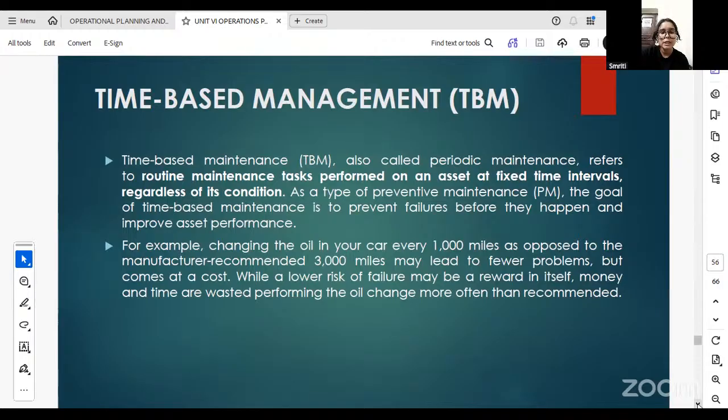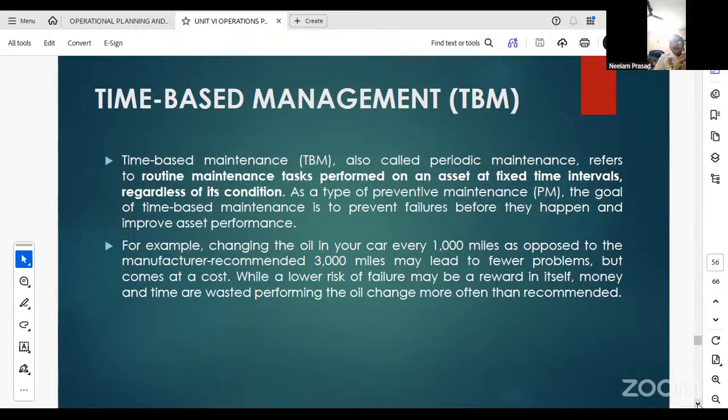For example, changing the oil in your car every 1,000 miles as opposed to the manufacturer recommended 3,000 miles may lead to fewer problems, but comes at a cost. While a lower risk of failure may be a reward in itself, money and time are wasted performing the oil change more often than recommended.